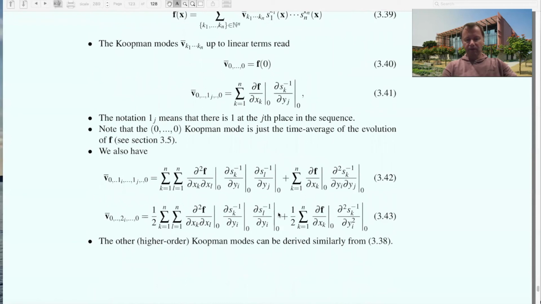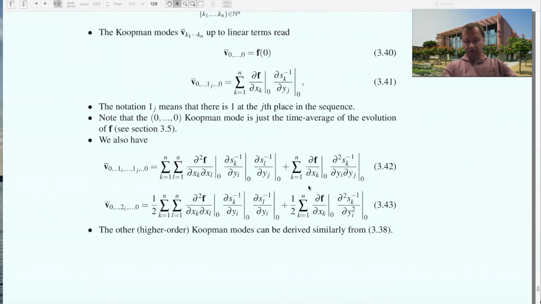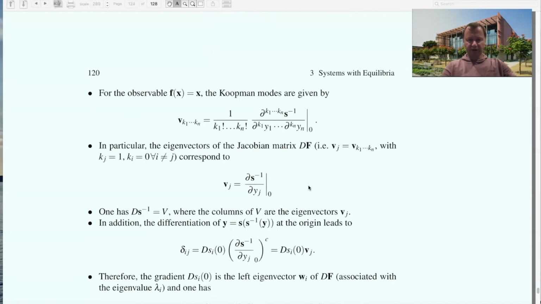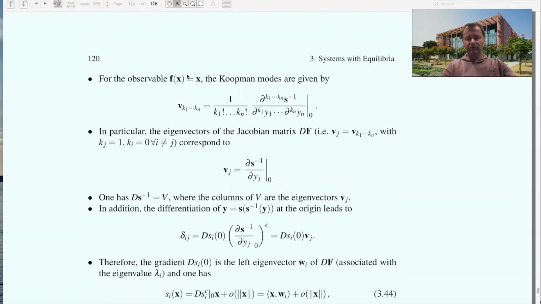We can continue working out these, and if we have, for example, the second order modes, they are going to be combinations of second derivatives and first derivatives of the observable and the diffeomorphism itself that we have used, the change of variables we have used. So now, to simplify a little bit, let's say that our observation is precisely the state.